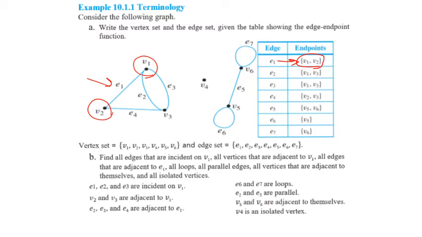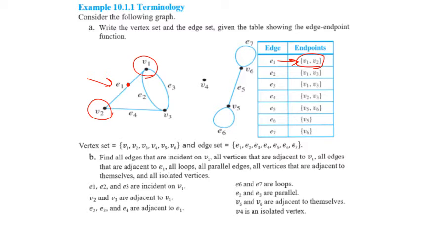So in part B of the same example, it asks us to find all edges that are incident on V1. In order to find all edges that are incident on V1, we have to take a look at this picture. On V1, there are three edges that are incident on it.